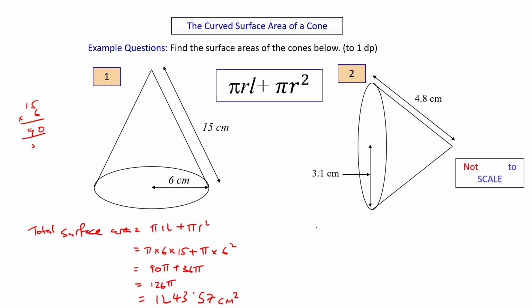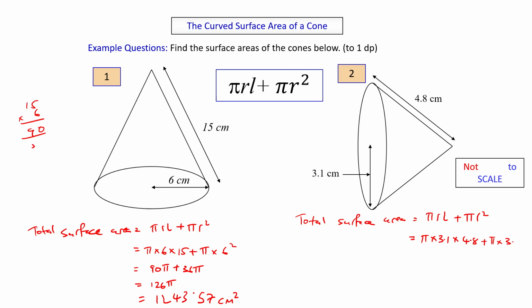Right, for this question, again, we write the formula down. Always write the formula down, because that will help us remember. Pi RL plus pi r squared, which is equal to pi times the radius, in this case 3.1, times the slope length, 4.8, plus pi times the radius squared.